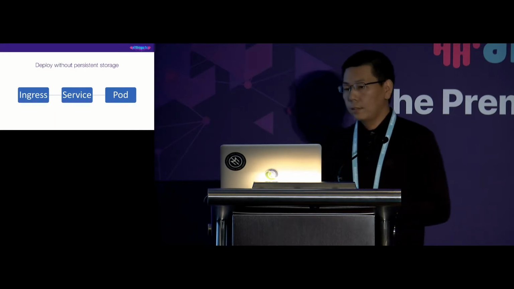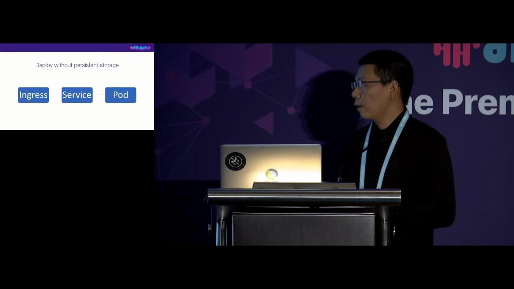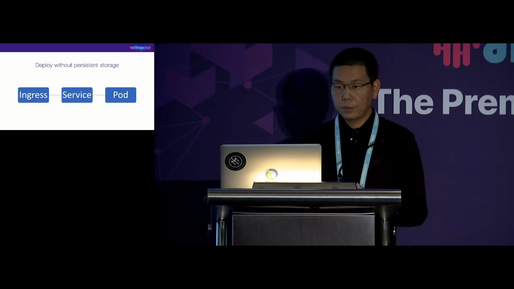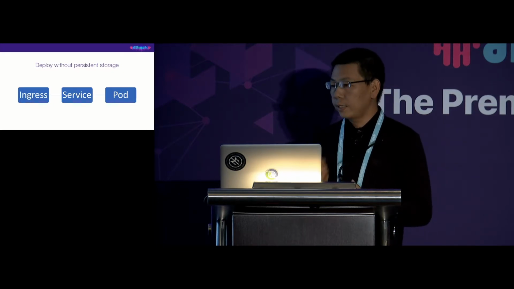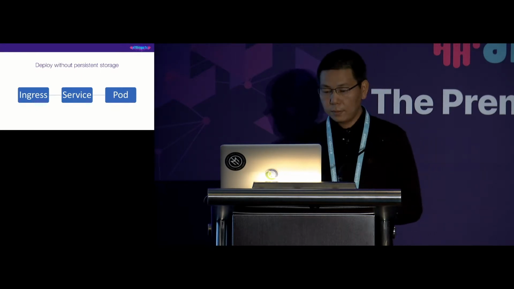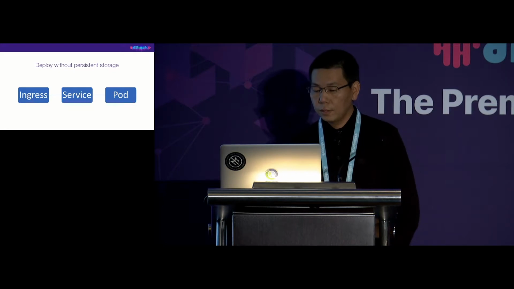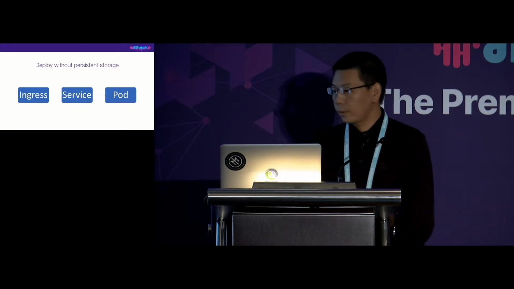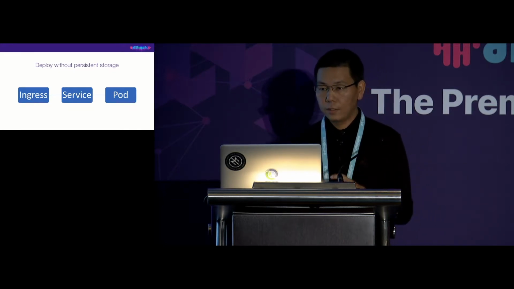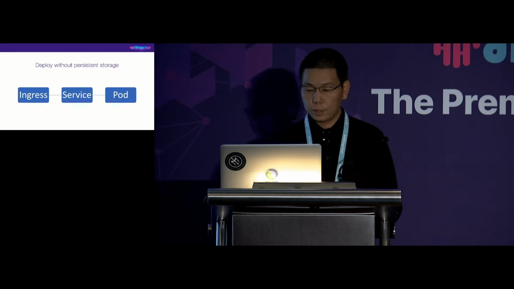So basically, in Kubernetes, we have an ingress, which is an endpoint to the client side, and it takes a client request, and then the ingress sends the request to the service, and the service distributes the request to the pods. A pod is actually where those recording servers run.